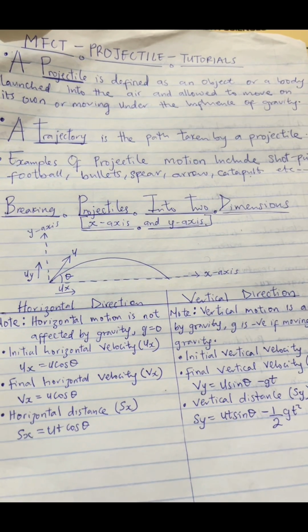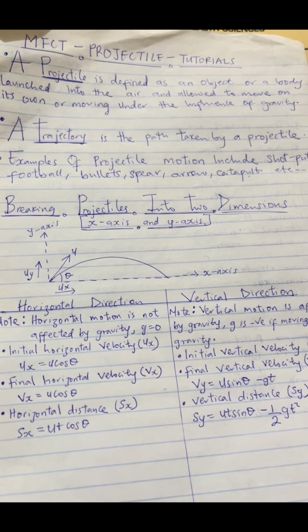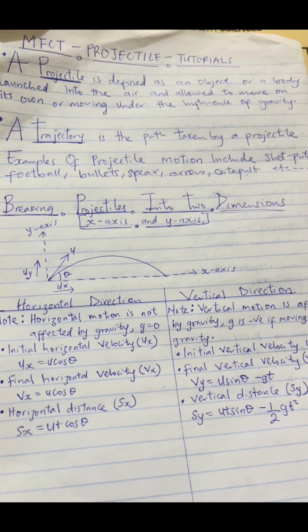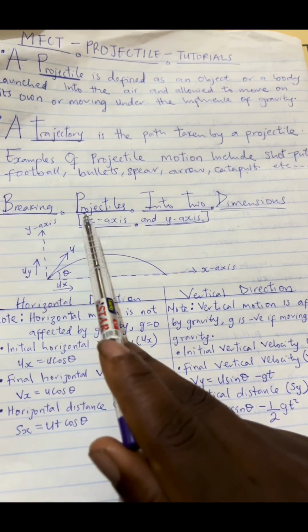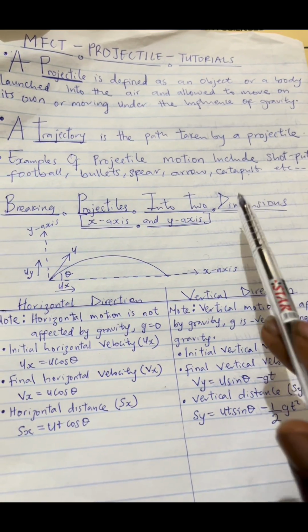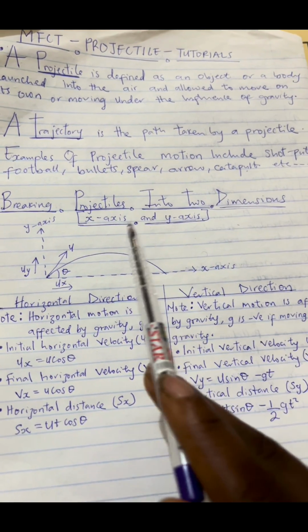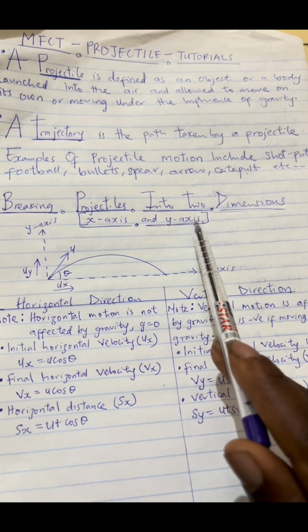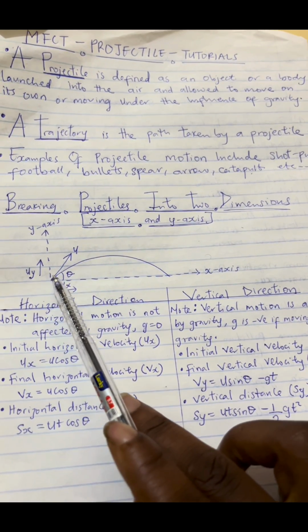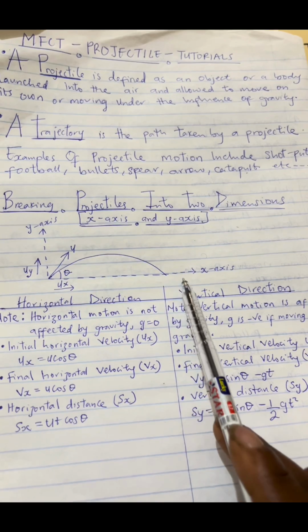So since we have said that projectile is talking about kinematics in two dimensions, you have to know something: we can break projectile into two dimensions. The two dimensions we can break projectile into are the x-axis and the what? Y-axis. So for example, if you kick a ball like this, it will move like this in a parabolic manner.